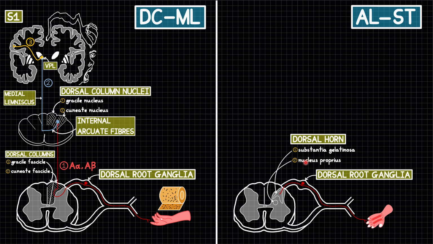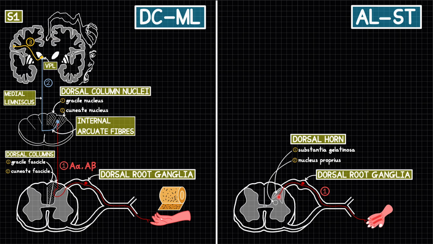However, a greater proportion of first order neurons will instead go into the substantia gelatinosa compared to the nucleus proprius. That's all you need to know. So for the sake of our example, let's just say that it goes into the substantia gelatinosa. It will terminate in the substantia gelatinosa, and this will be my first order neuron.